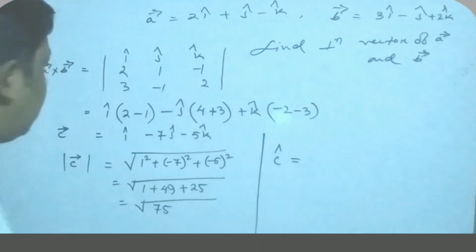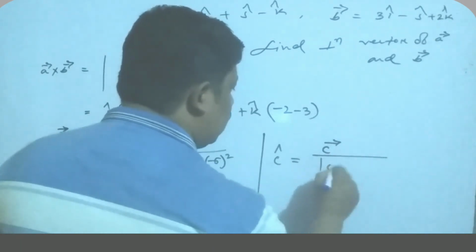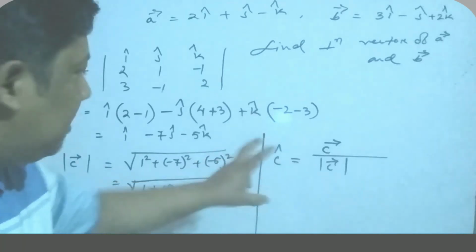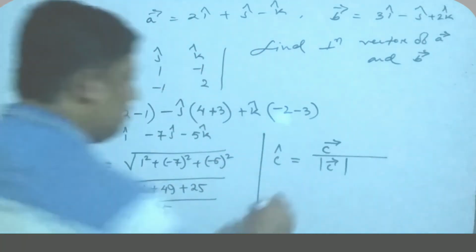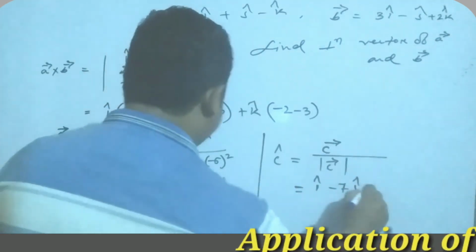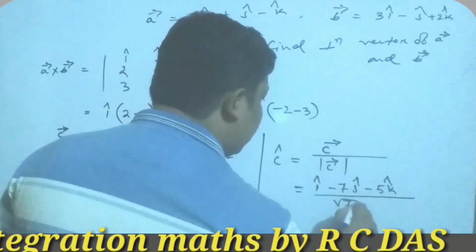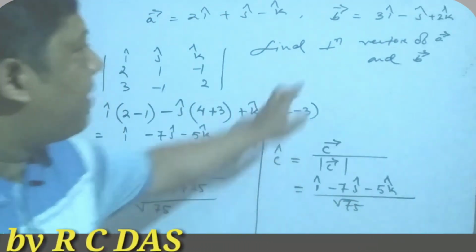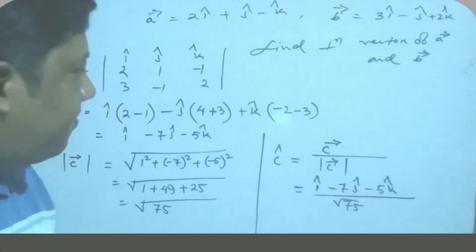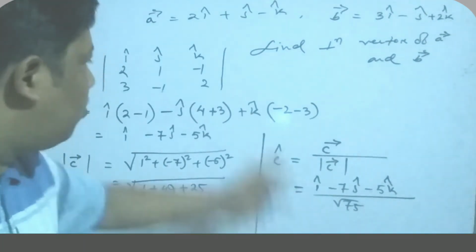C cap is the unit vector of this vector. According to the formula, C cap is i vector minus 7 j vector minus 5 k vector upon the magnitude, 75 under root. This is the unit vector, and this vector is perpendicular to both vectors A and B. So my students, I think you understand. In these questions, if you want to find the perpendicular vector, you can use this identity.